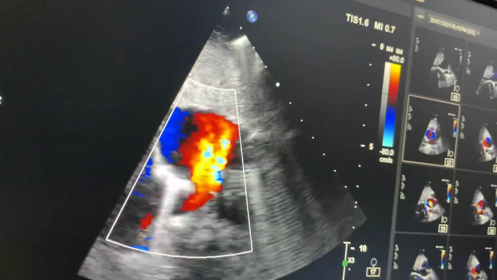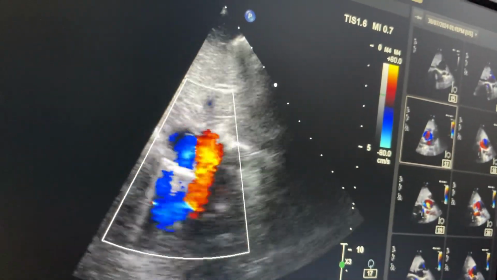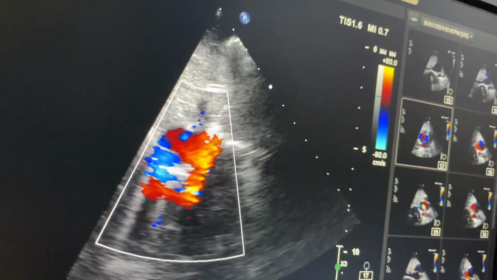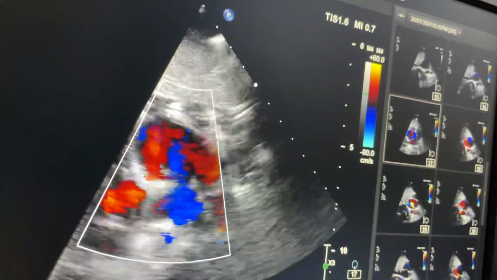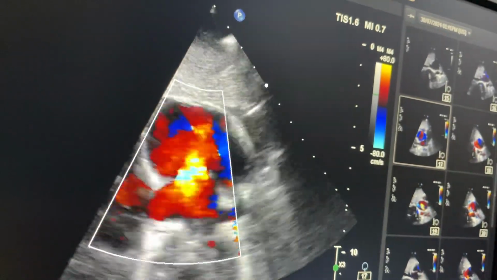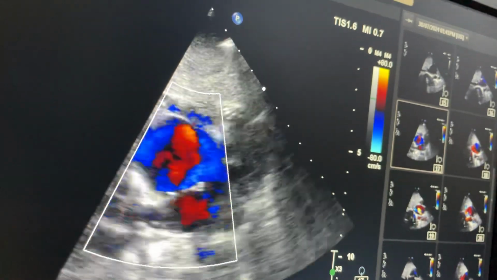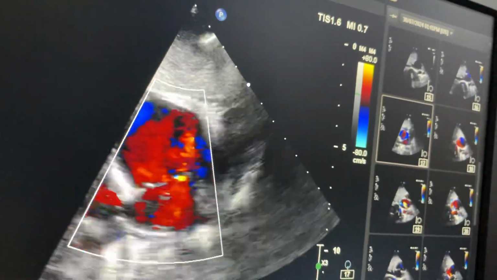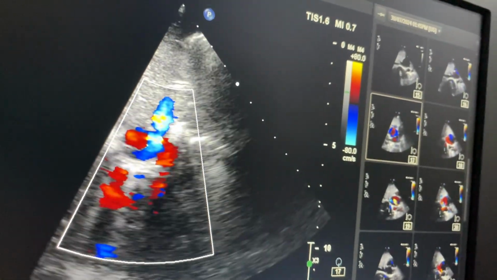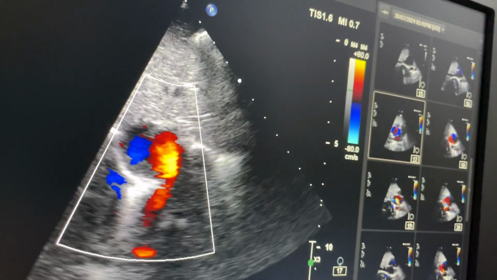You can see in this view again, whenever I am trying to find IVC from the four chamber view to simply a transverse section, or transverse view you can say, then you get this abnormal flow going into right atrium. This is simply IVC and right atrium, the junction of IVC and right atrium.